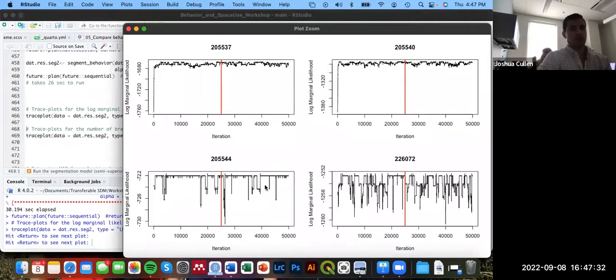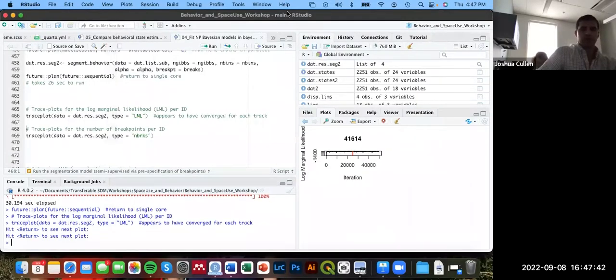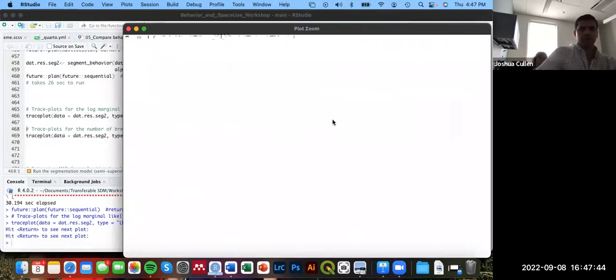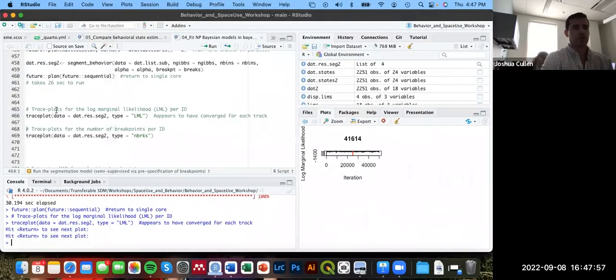For all intents and purposes, this is flat. On the right, the same thing. It's a range of 8, so you might as well consider this flat. So it appears to have converged on the posterior. And for our last individual, this also appears to have a small range, up to 40, 45 at most. So I think these all look pretty good to me.